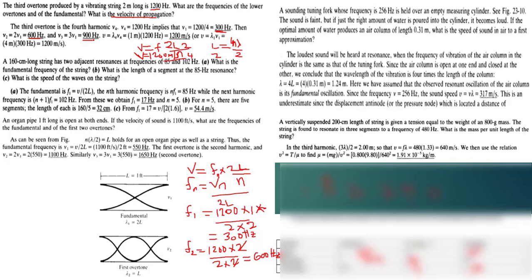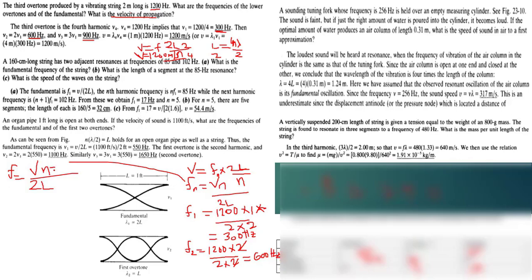So this is how we do it, but basically what he did is take the concept. You remember I told you the other time that we have the general equation of frequency, from here that it is v times n divided by 2 times L. So we know that if n is equal to 1, the fundamental frequency is v over 2L.